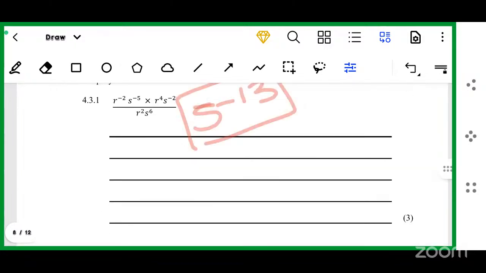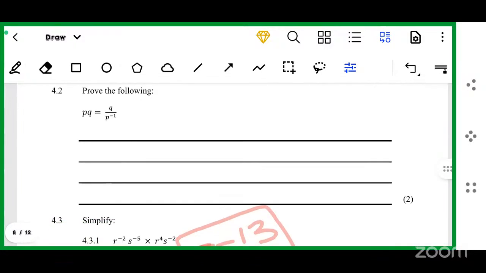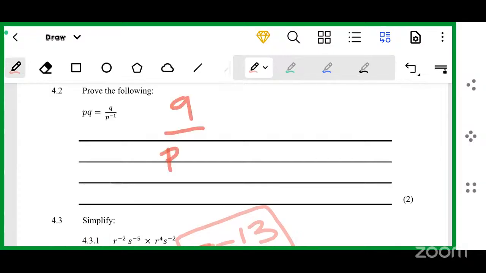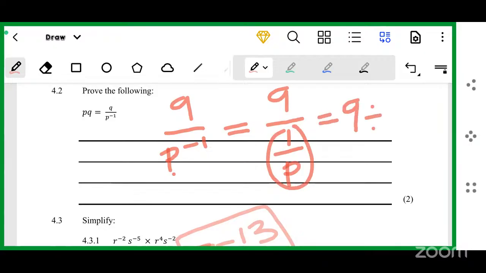I discovered something with this one. So we have Q P to the power of -1. We can even write it as Q over 1 over P. Then Q divided by 1 over P: we put the P on top and the 1 below.